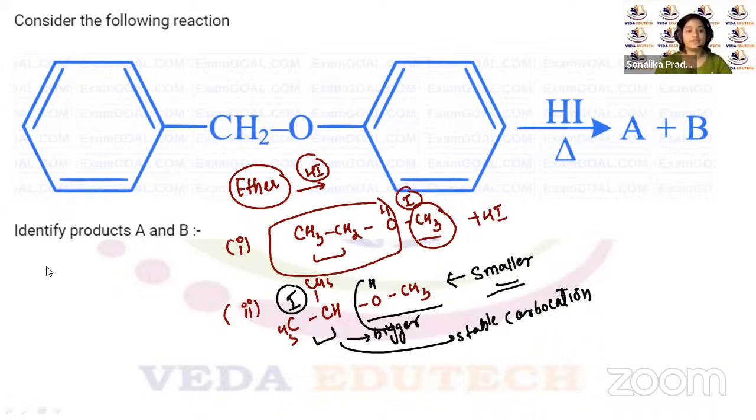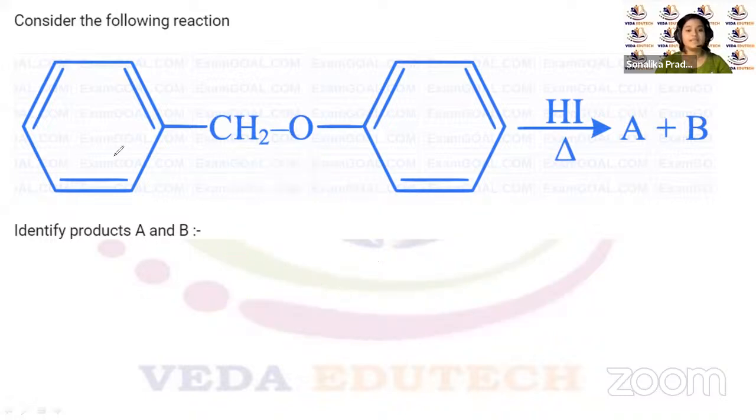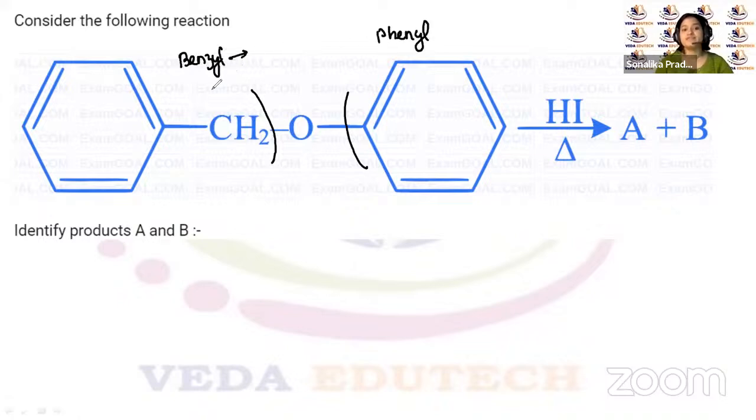In this question, this is benzyl and this is phenyl. We know that benzyl can form a stable carbocation, and this cannot form a stable carbocation.